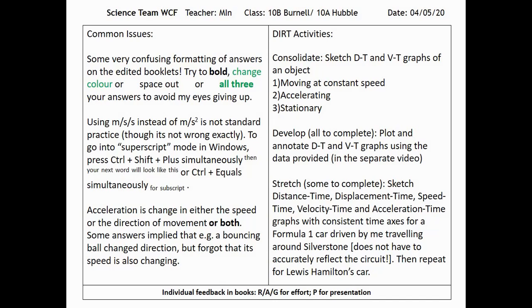So when you bounce a ball, it is accelerating towards the ground initially, so it is increasing in speed as gravity pulls it towards the center of Earth, and then also when it hits the ground, its speed is reducing and its direction is changing. And then its speed is increasing and its direction is upwards. So remember, both can change.